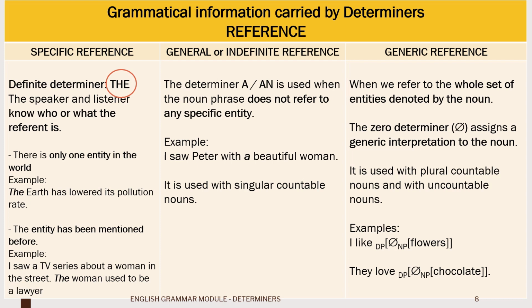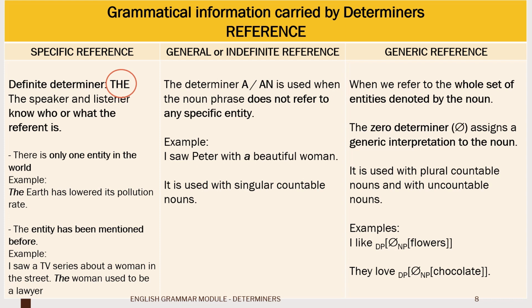All right? So the is used when the speaker and listener know who or what the referent, the thing you're talking about, is. And this happens when there is only one entity in the world, for example, the planet Earth, or when the entity in question has been mentioned before, as in the example, I saw a TV series about a woman in the street.